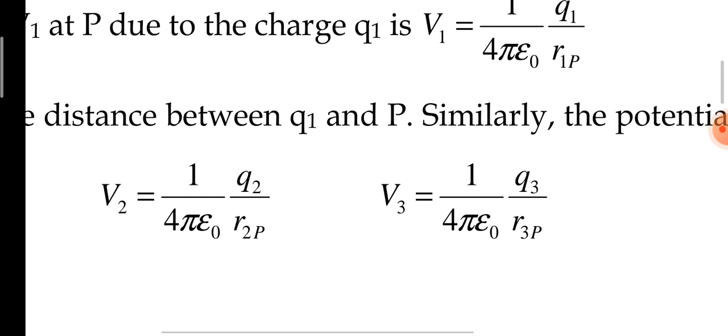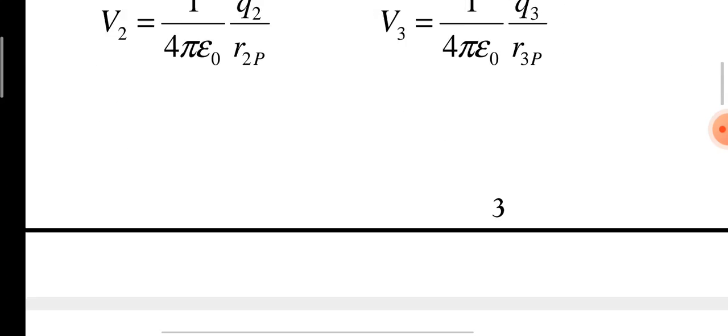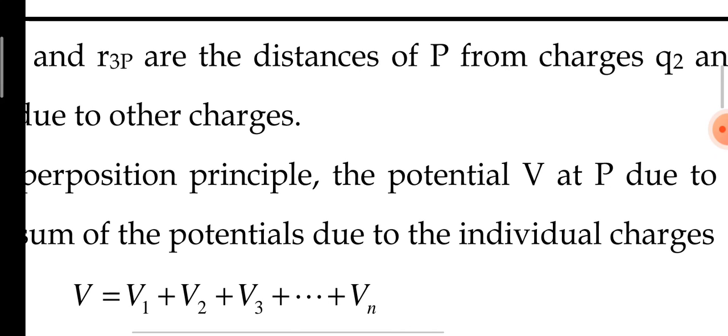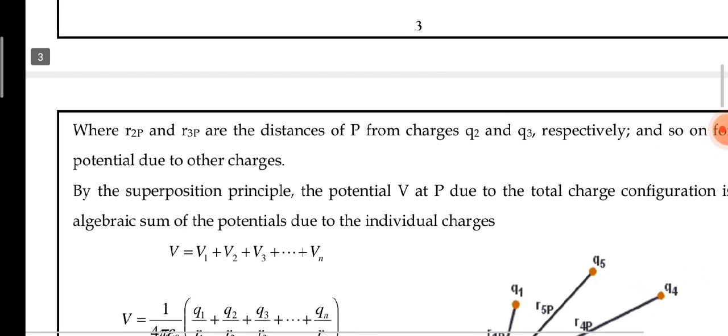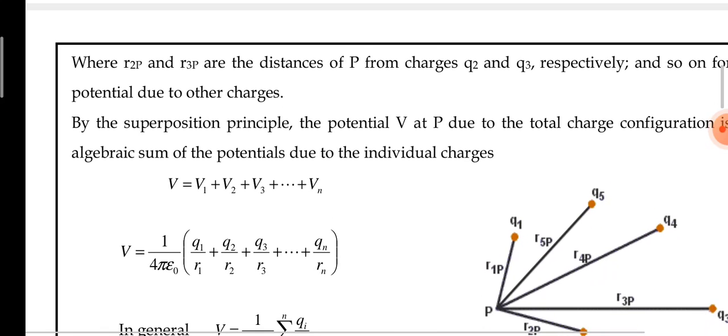Due to the third charge, 1 by 4 pi epsilon naught Q3 divided by R3, and so on. By the superposition principle, the electric potential at point P due to all the charges is the algebraic sum of the potentials due to individual charges. So V equals V1 plus V2 plus V3 plus and so on plus Vn.